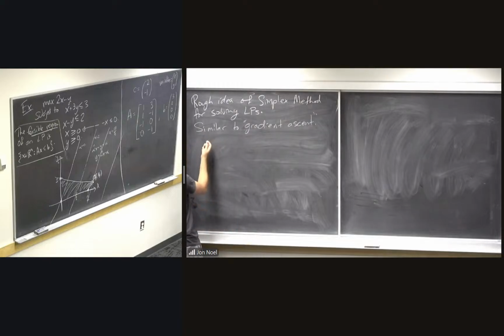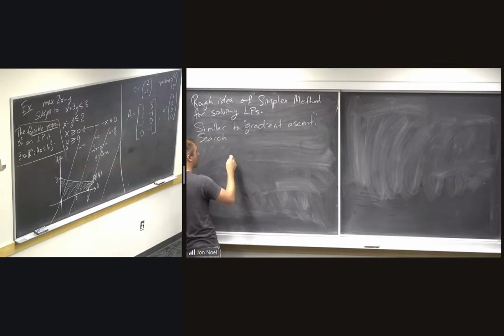So we're going to basically search for a local maximum. But since it's a linear function, a local maximum should be a global maximum. It also requires the feasible region to be convex, which we're going to talk about in a second. But anyway, it is convex.